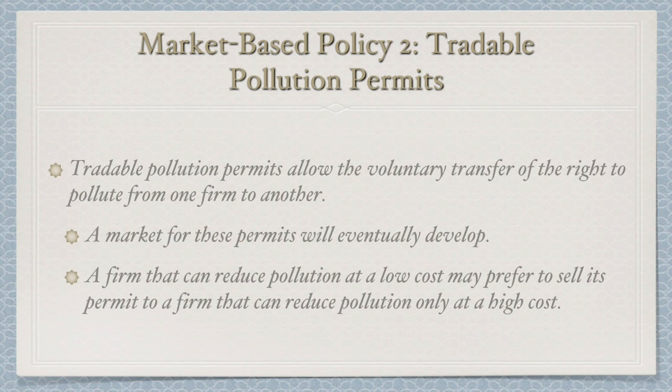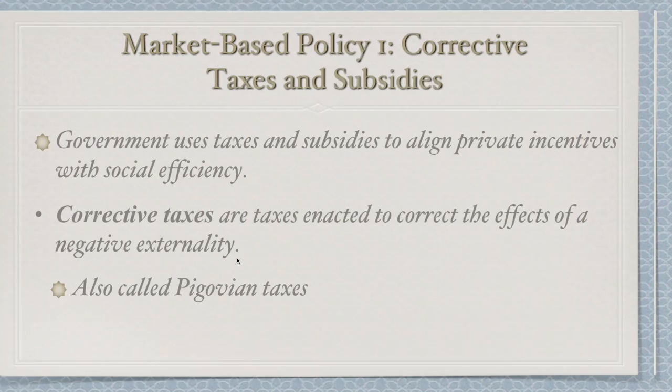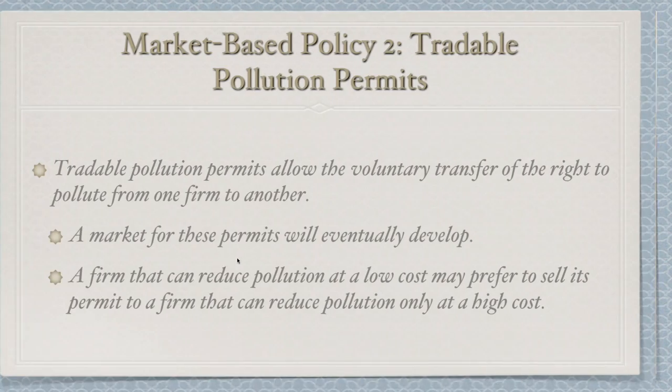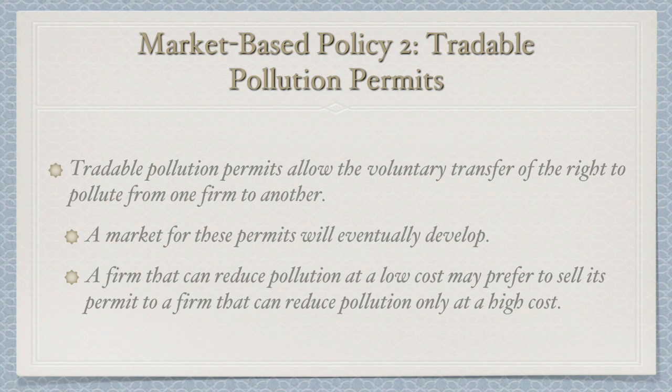Now there is an alternate solution called tradable pollution permits, which is especially for carbon pollution. This is an idea for how you can possibly reduce pollution to combat global warming. It's the idea that firms can purchase from the government a permit that will allow them to pollute.